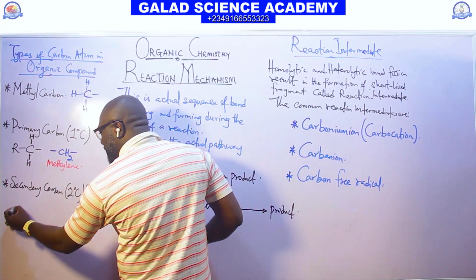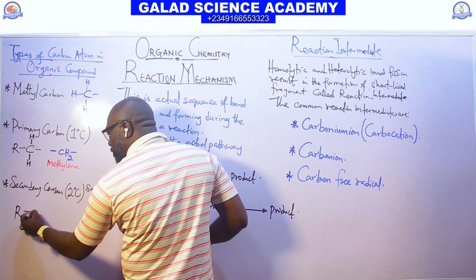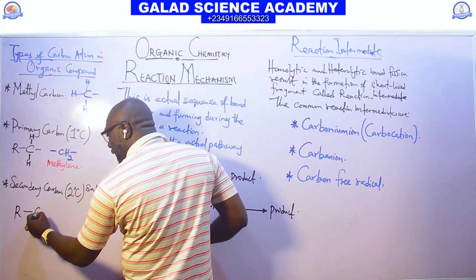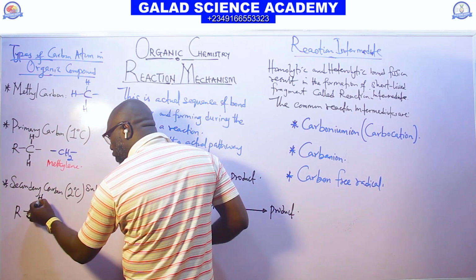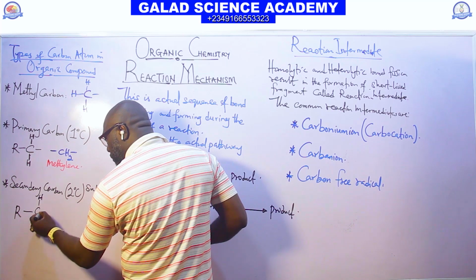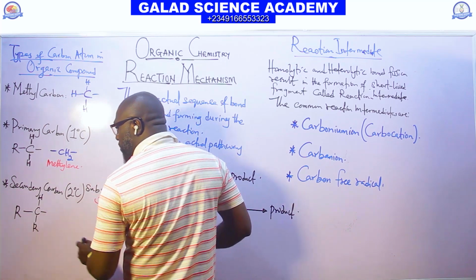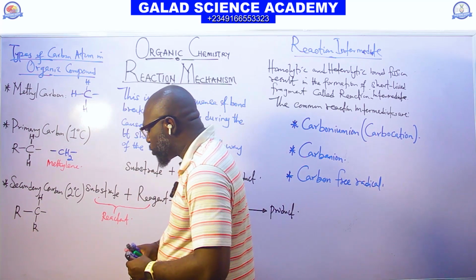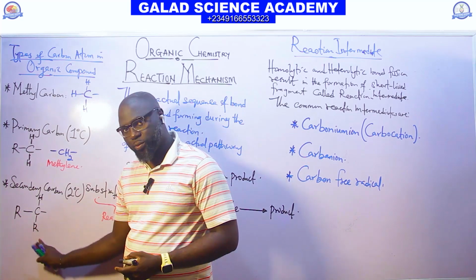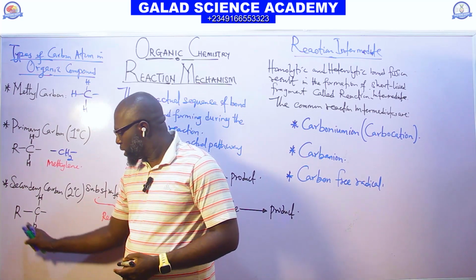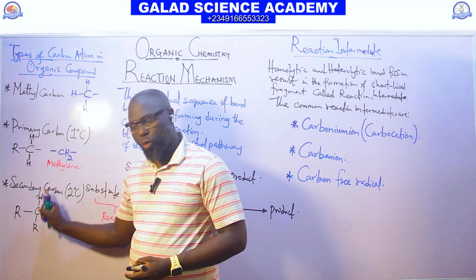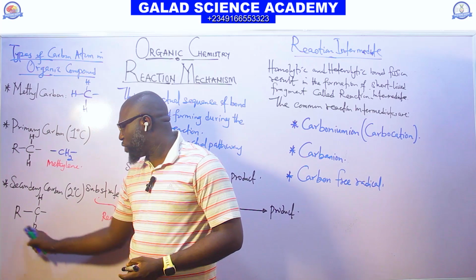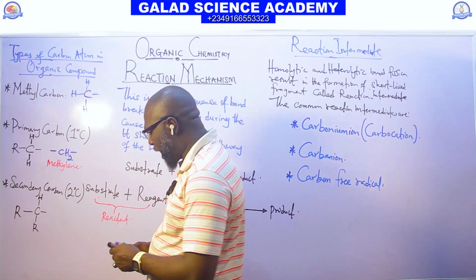This is the secondary carbon: we have two alkyl groups, and one hydrogen here. Look at this carbon. How many alkyl groups? Two. How many hydrogens? One. So this kind of carbon, we call it secondary carbon.